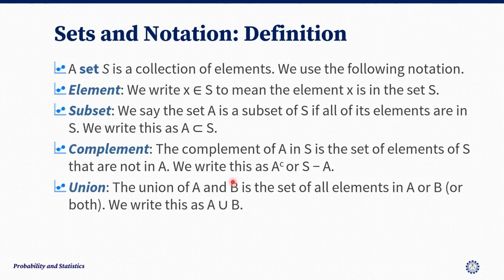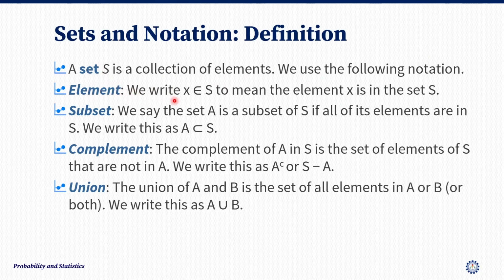So we come now to sets and notation. Our goal here is to learn techniques for counting the number of elements of a set. We start with a brief review of sets. A set is a collection of elements.